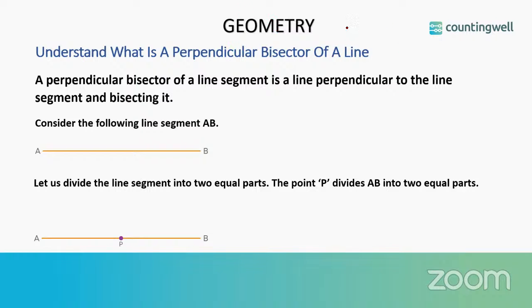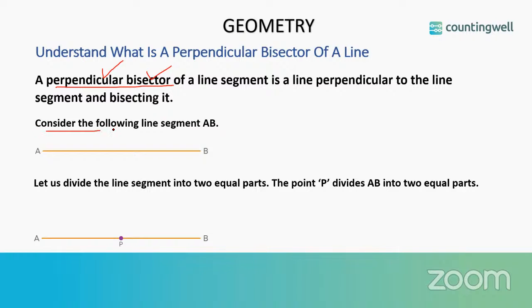A perpendicular bisector of a line segment is a line perpendicular to the line segment and bisecting it. So in the name itself, you can see a perpendicular bisector is, first of all, a perpendicular line segment, and next it bisects the line segment.